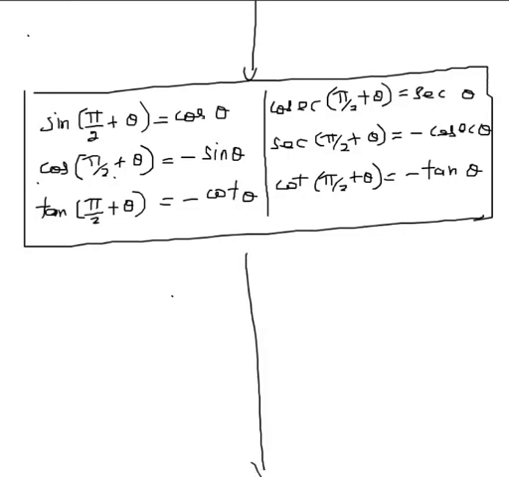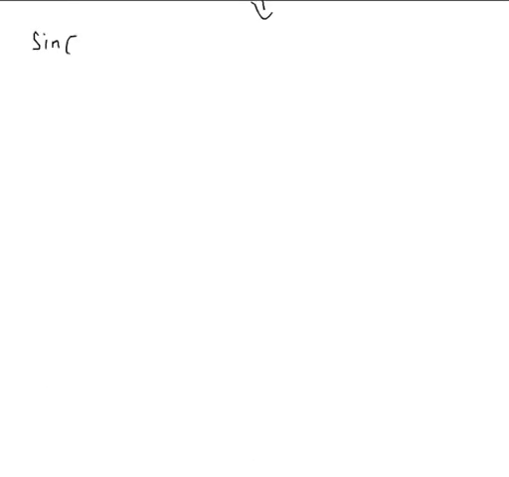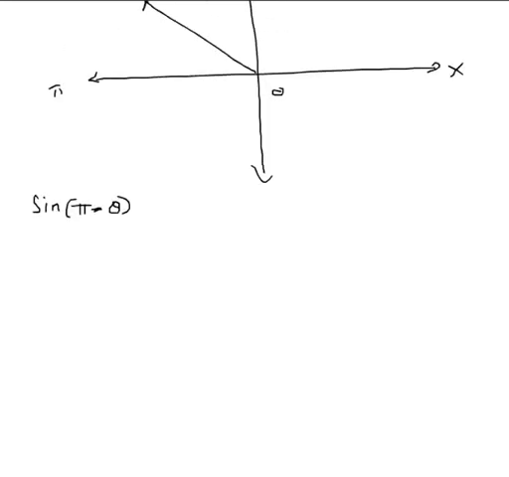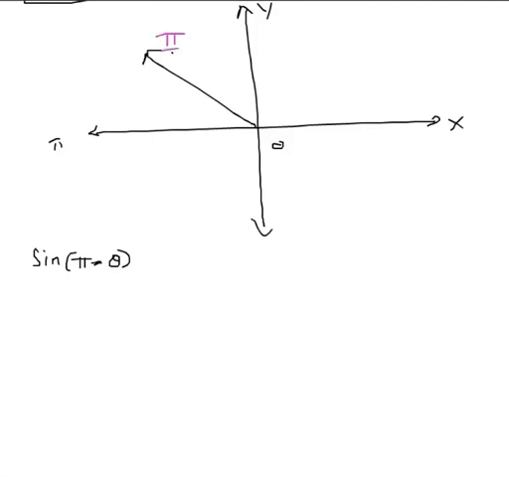Next. Pi is this. If I take the angle pi minus theta, lesser than pi, it will be a second quadrant angle. In the second quadrant, we know that sine and cosec are positive, other trigonometric ratios are negative.